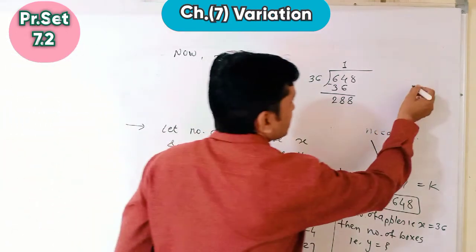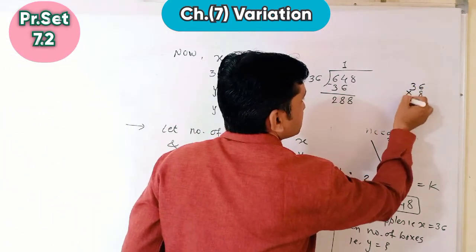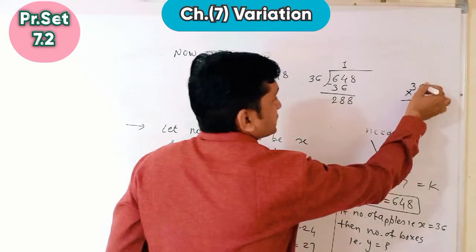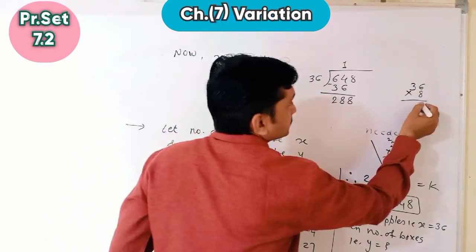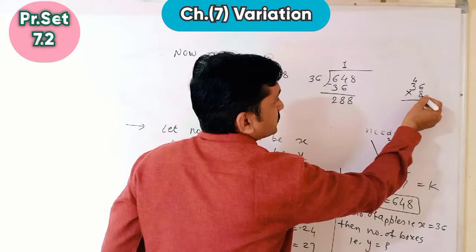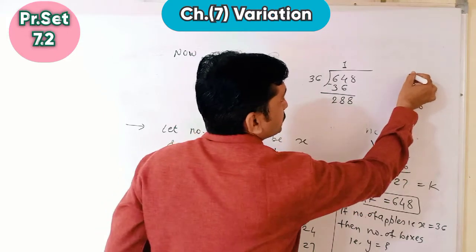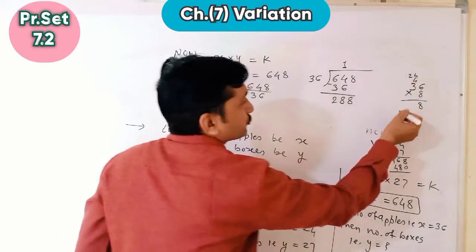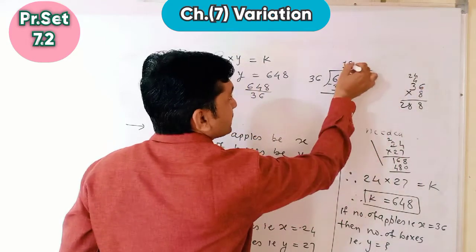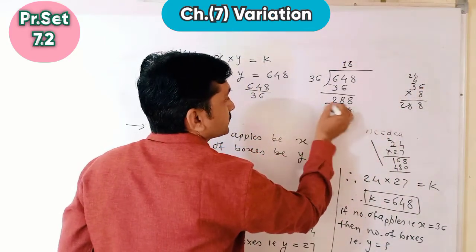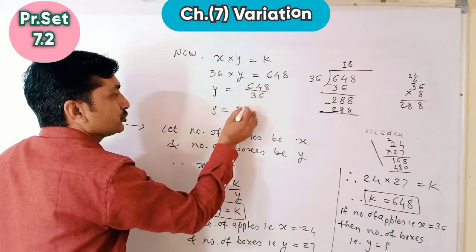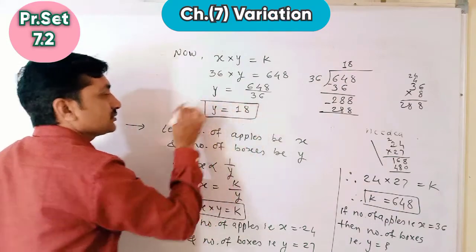Let's check by 8. 6 8s are 48, 4 carried over, 8 3s are 24, 24 plus 4 is 28. Correct, so here 8 is coming, 288. Therefore y is equal to 18, and this is our answer.